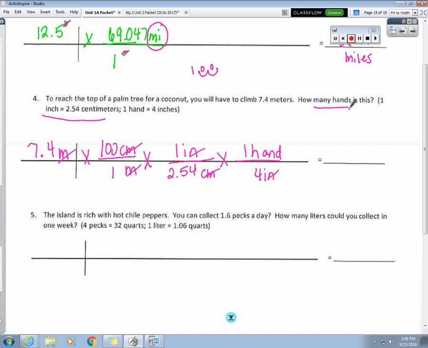How many hands is this? And now when you multiply the numerators, what's 7.4 times 100? 740. And then what's 1 times 2.54 times 4? 10.16. And then what does that reduce to? 72.8.